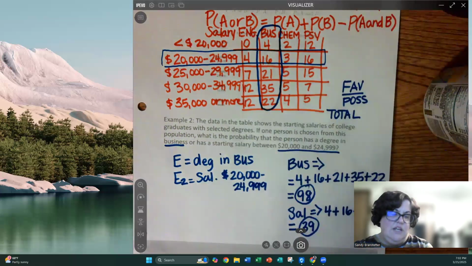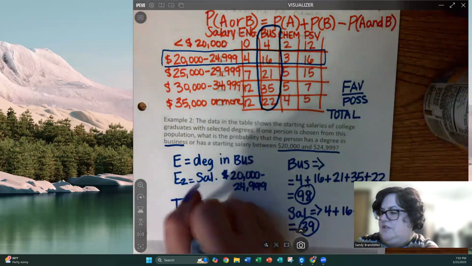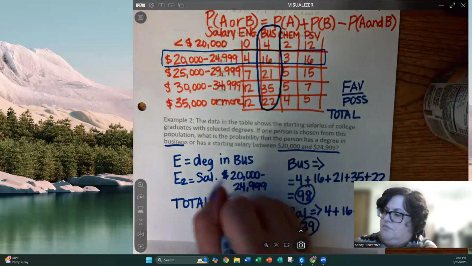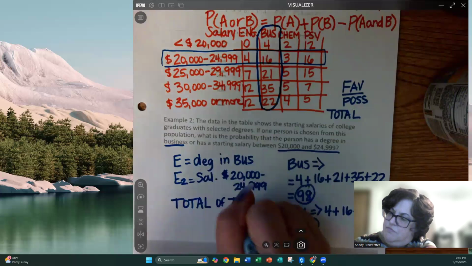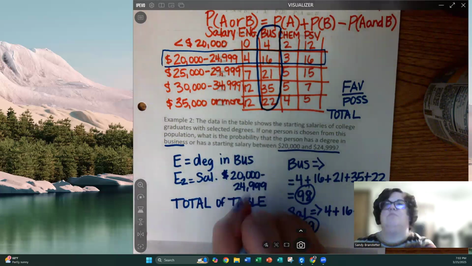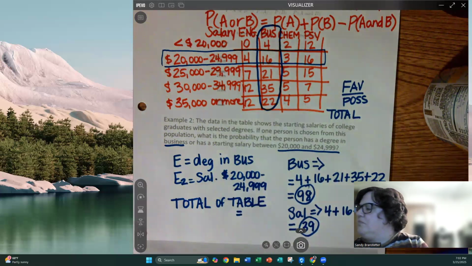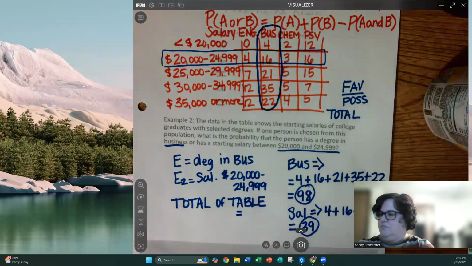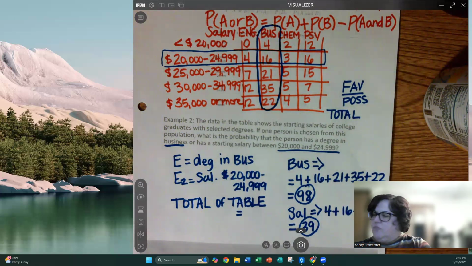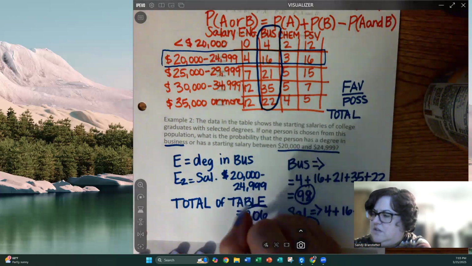So take a minute and add those up, and that will be our total of the table. Again, hopefully you get 206 for that value.